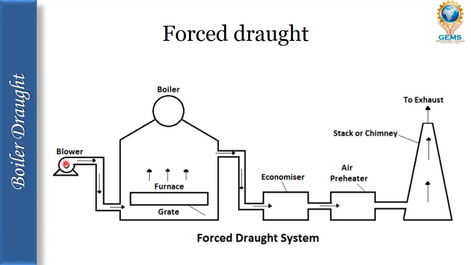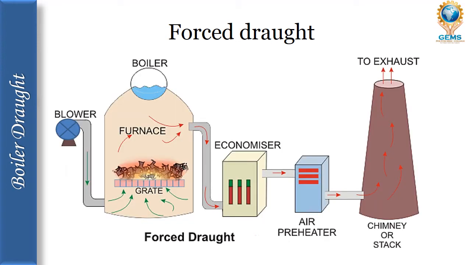So this is the layout of the forced draft system. This blower is connected before the boiler. So this is the grate furnace. Using this blower, the air is forced into the boiler system, so that this forced air goes to the economizer and the air preheater, then goes to the stack or chimney to exhaust. Let's see how this forced draft system works.